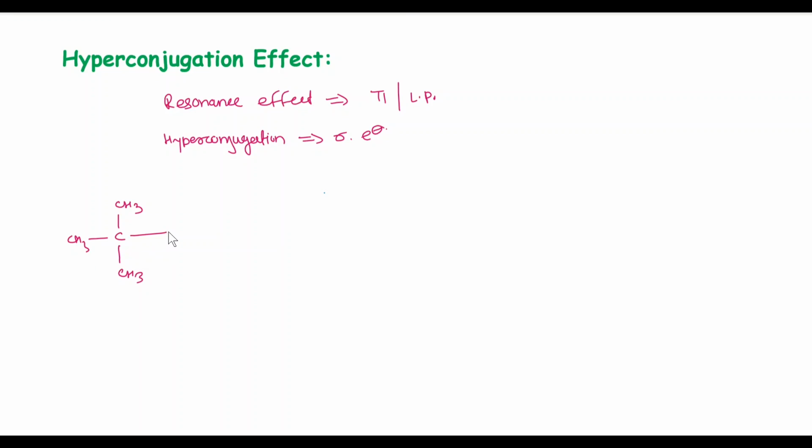This tertiary butyl group has the maximum inductive effect because of the presence of 3 methyl groups surrounding the one carbon atom. Then the isopropyl group, that is CH3, hydrogen and CH3 here. This has less inductive effect than the tertiary butyl group for any electron deficient species.